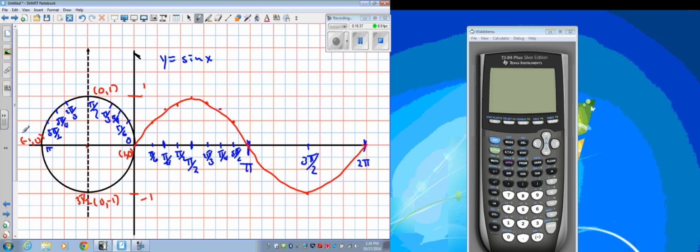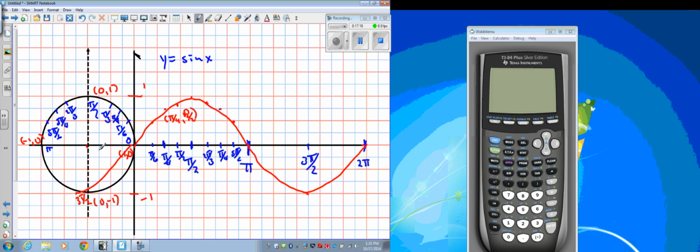And the reason they're saying that is symmetry with respect to the origin. If you were to graph this, this is 1, 2, this would be where it would get its minimum. So symmetry to the origin says that this point right here, let's do the one, x is pi over 4, and y is the square root of 2 over 2.